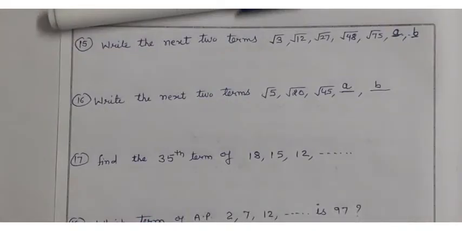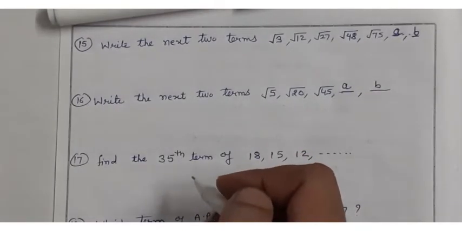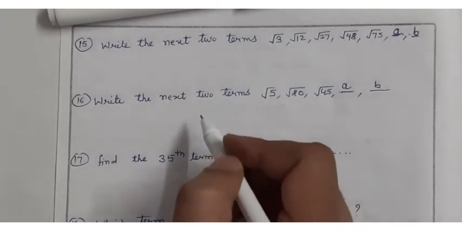Yes, come on to the next question. Write the next 2 terms. See, terms are given like this: root 3, root 12, root 27, root 48, root 75. You have to find the values of A and B. So what you see, is it given in AP or not? Let me see.